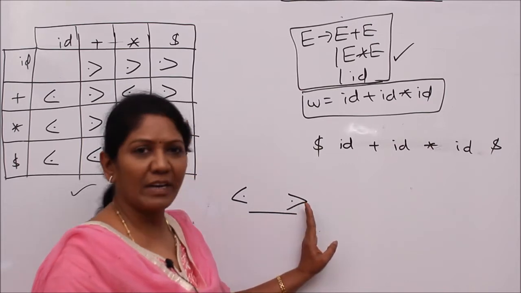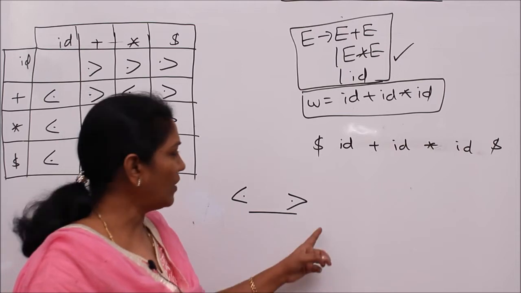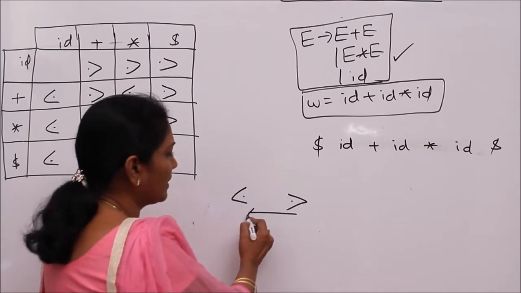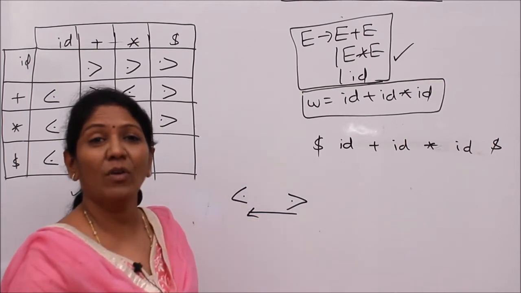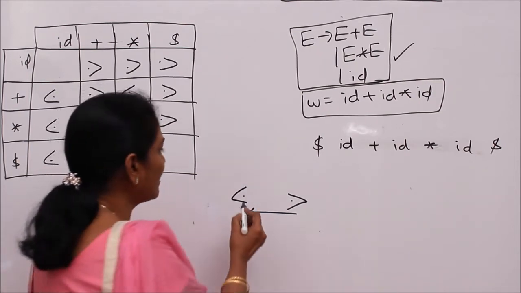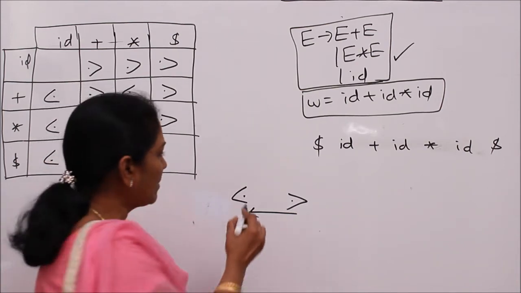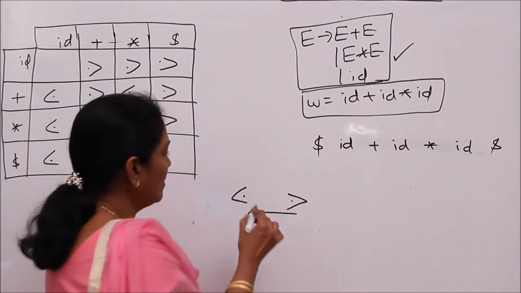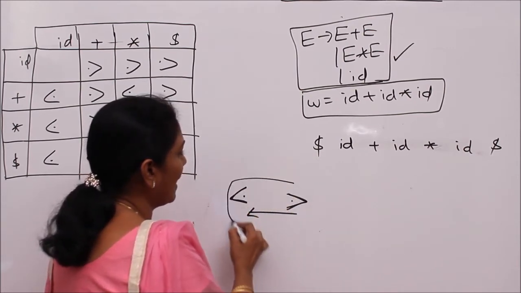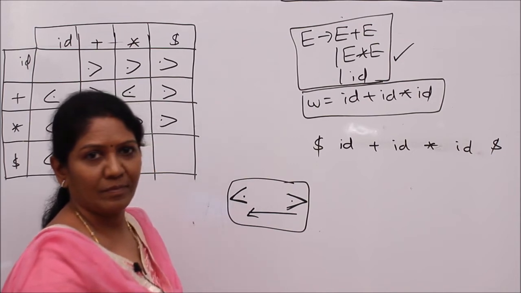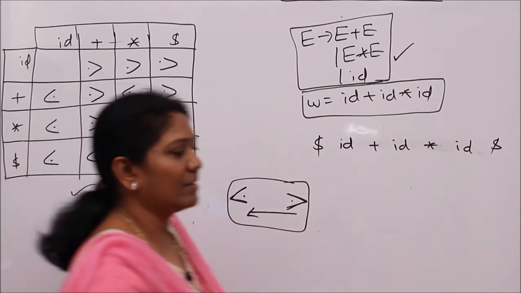Since now it knows the right end of the handle, in order to know the left end, it performs a backward traversal. How far does it continue? Until it sees a less precedence symbol. Why? Because now this is the left end. Hence, whatever it finds between a less precedence and a greater precedence is taken as the handle at any point of time. Okay. So let's try to understand the same procedure by using this example.